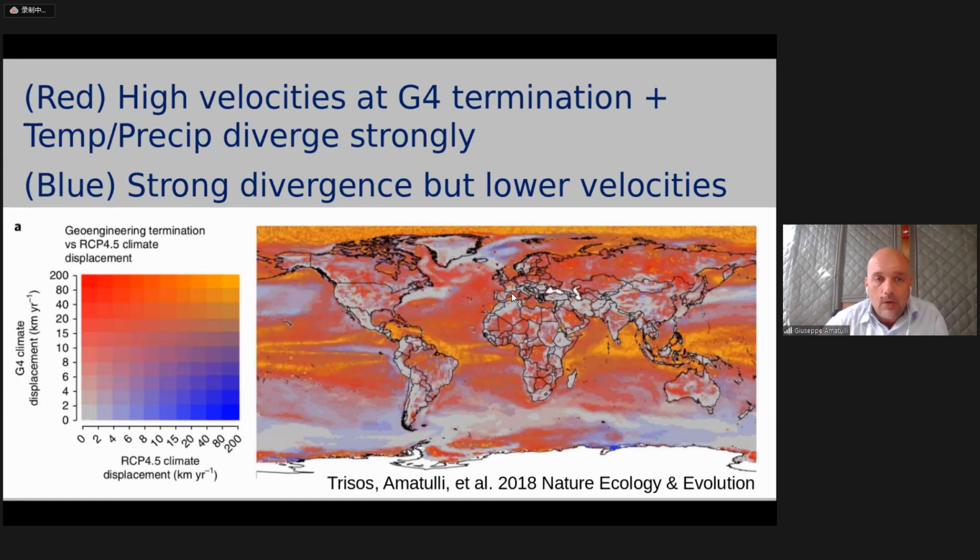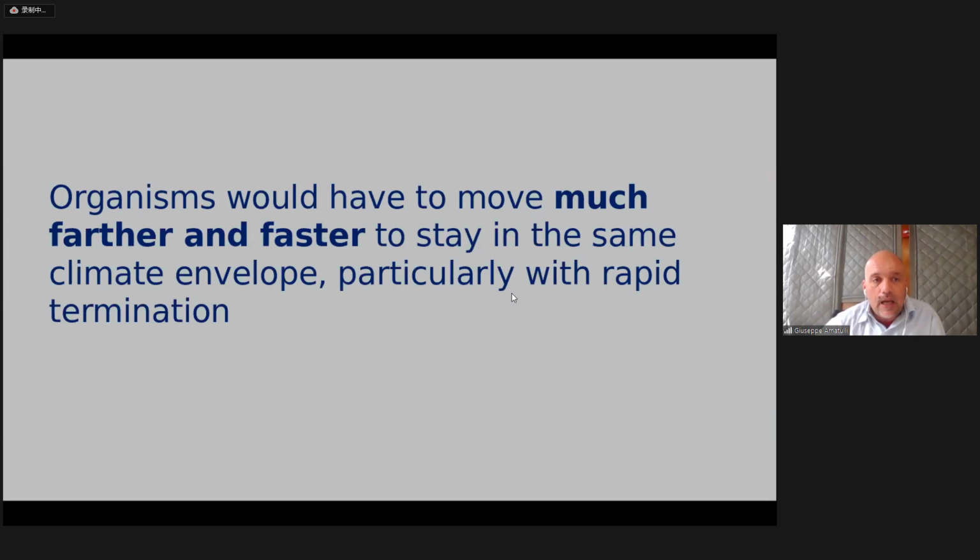This also comes back to the previous image that you saw, where the curve was really steep. You can conclude that an organism would have to march faster and faster to stay in the same climate envelope, to avoid the so-called extinction and so on.